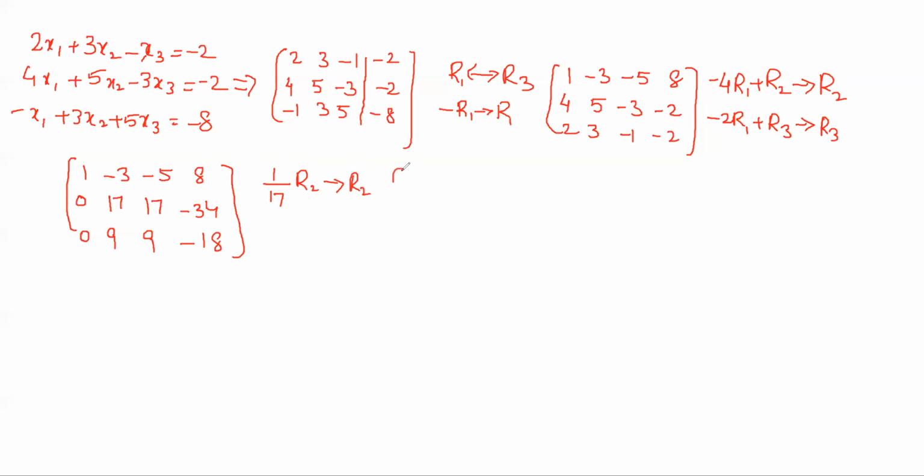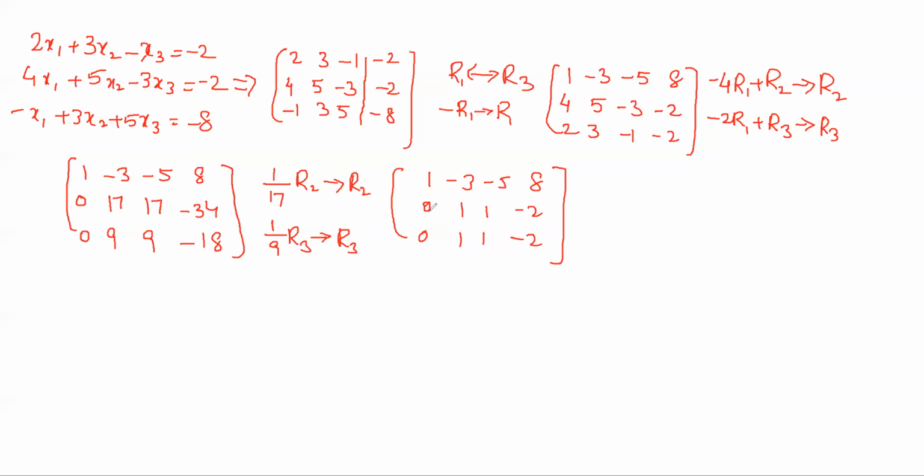So 1, minus 3, minus 5, 8, and then 0, 1, 1, minus 2, and then 0. Maybe to make it more convenient, I can also do 1 by 9 of row 3 as the new row 3. So yeah, that makes sense. Minus 2.